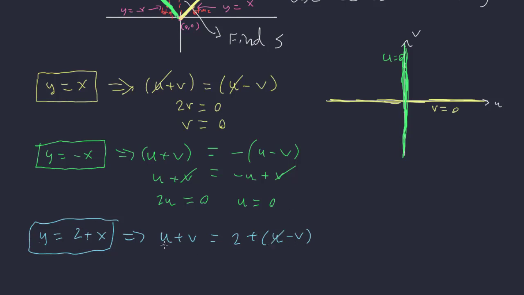So once again, the u's cancel. This negative v comes over to give me 2v equals 2, so we get v is equal to 2. So v equals 2, that's going to be something like this horizontal line here.